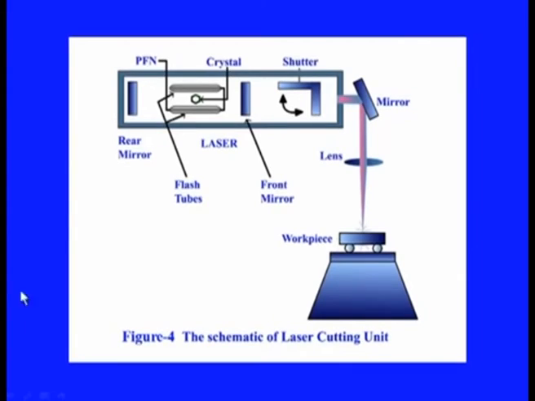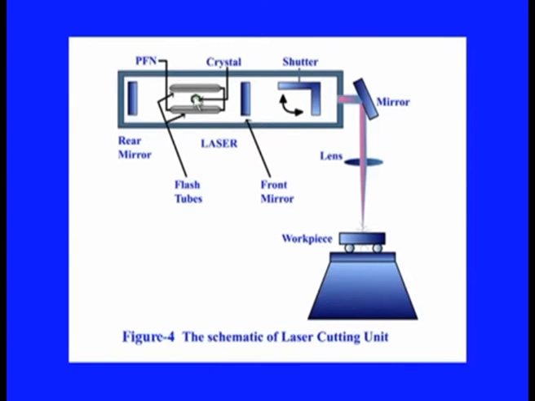The schematics are shown in these figures. In this figure, when the power is supplied by the pulse forming network, an intense pulse of light or photons is released through one end of the crystal rod like this. So, this is the PFN, also called pulse forming network, in which these are flash tubes which will be supplying the additional energy to the lasing material, which in this case is shown as a crystal.